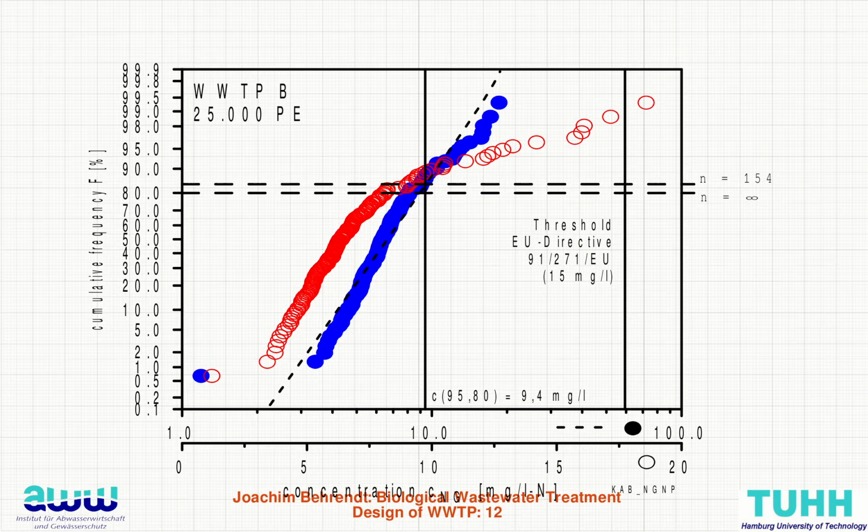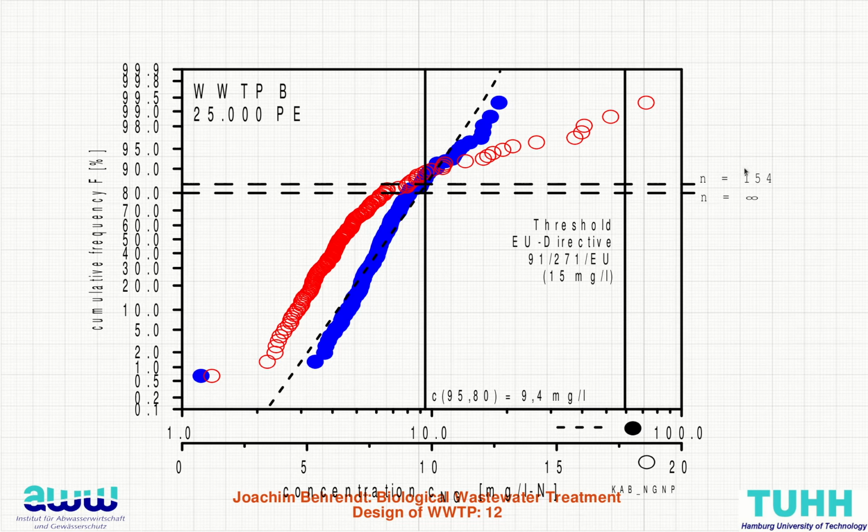To find out the 80th percentile, you have in this presentation the error of distribution as well. Depending on the numbers, if you have thousands of values, you can pick out the value at 80%.